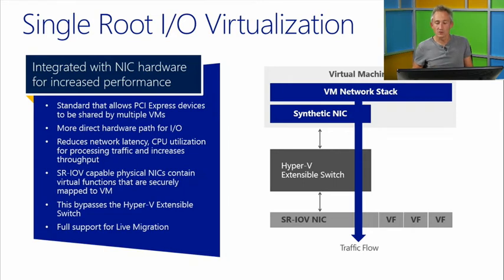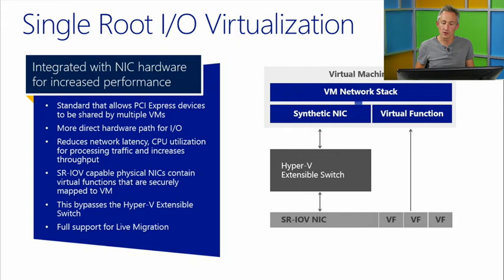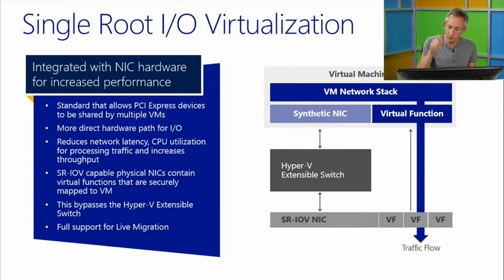Instead, for that virtual machine and that VNIC, we'll turn on SR-IOV. And instead, the virtual machine utilizes a physical representation called a virtual function. The SR-IOV physical NIC has a number of these virtual functions that it can present to the virtual machine. That's probably not the correct technical term. We place the virtual function inside the virtual machine, and the virtual machine will use that path for its traffic.